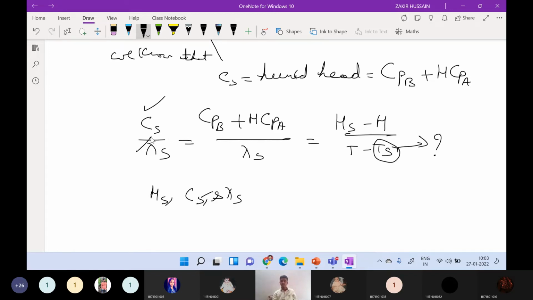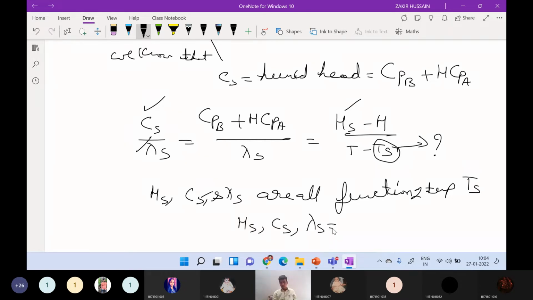So this Cs, lambda S, Hs, all these are functions of temperature. So they are functions of temperature Ts. So Hs, Cs and lambda S, they are all functions of Ts. So there is an interdependency between Ts, Hs, lambda S, Cs.